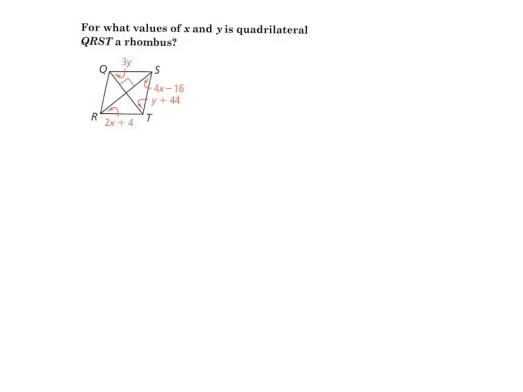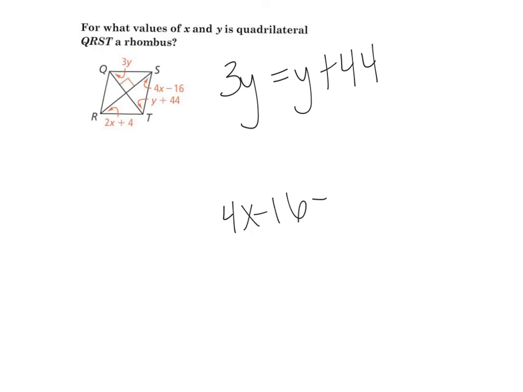Okay, and our last example is the same thing, finding out what x and y would need to be in order to make this a rhombus. So we know that 3y is going to be equal to y plus 44. We also know that 4x minus 16 is going to be equal to 2x plus 4.